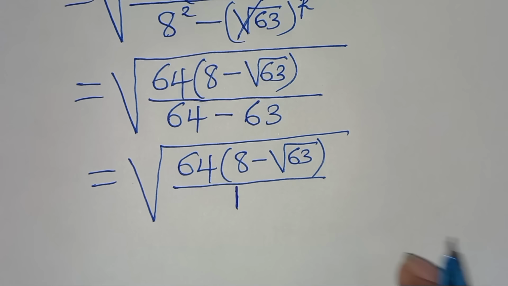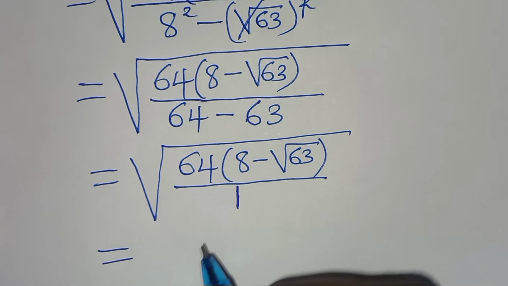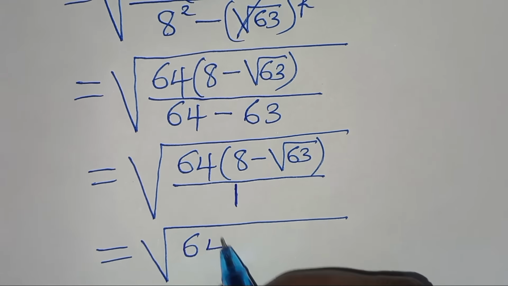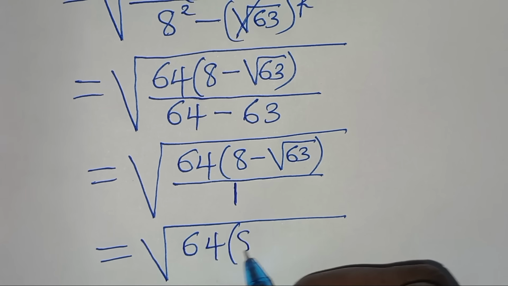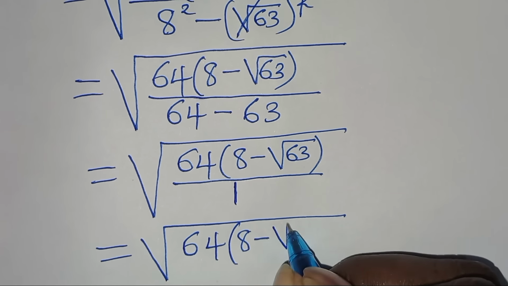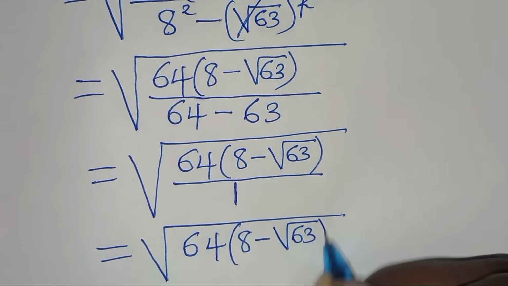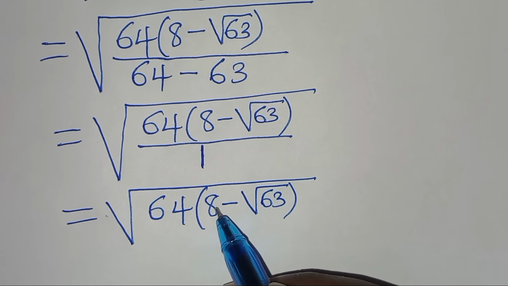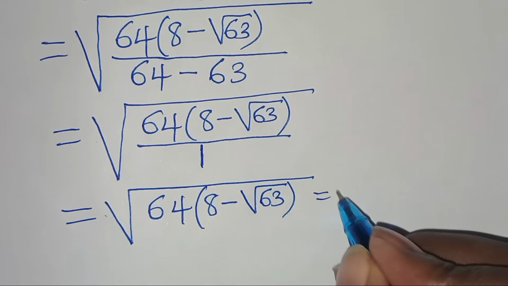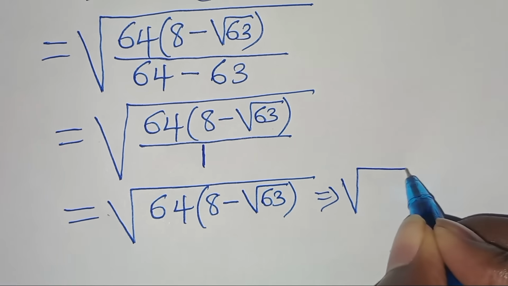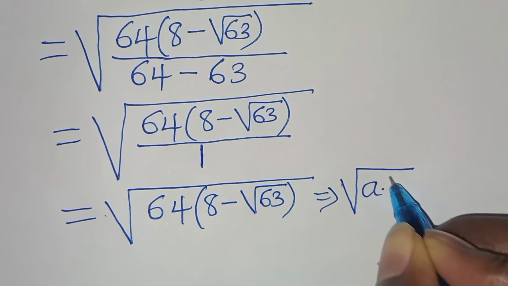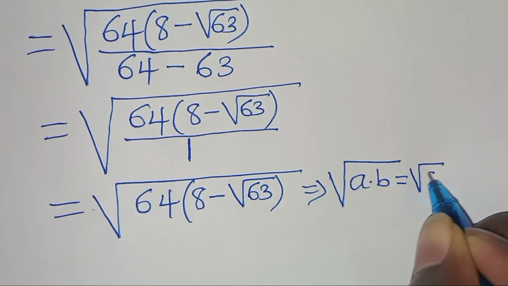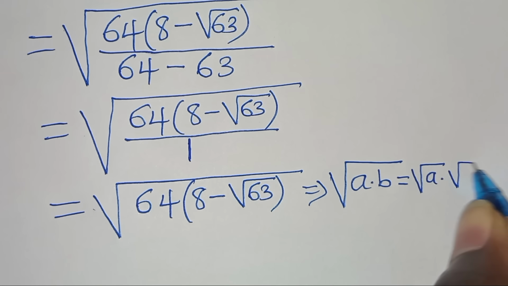Now the next step: we have the square root of 64 multiplied by 8 minus square root of 63. The square root of 64 times 8 minus square root of 63 is in the form of square root of a multiplied by b, and this can be expressed as square root of a times square root of b.